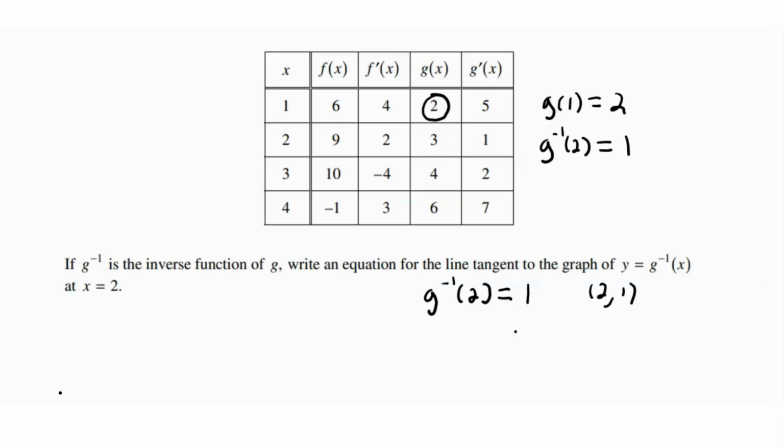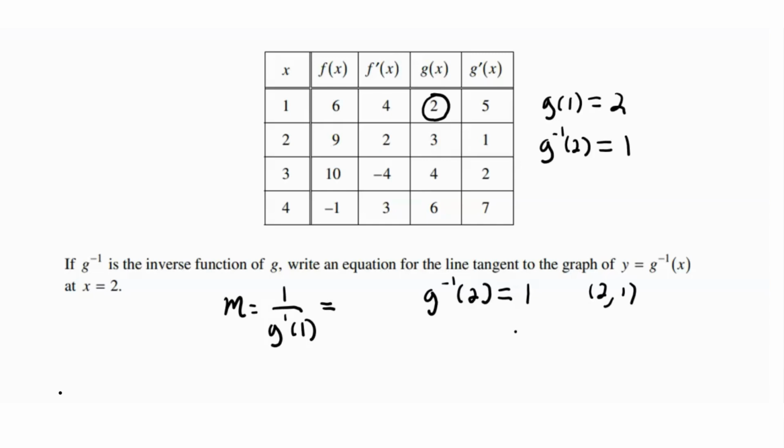So what do we know about the derivative of the inverse? Well, our slope is going to be 1 over g prime of 1.